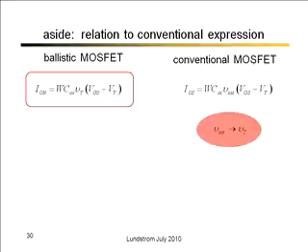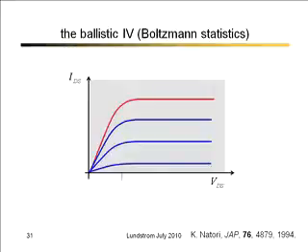People started to notice that it's a little bit too small, and they would go into their simulation programs and boost it up a little bit, but it wasn't clear what they were doing. And the reason we understand now is that the appropriate velocity there is this thermal equilibrium velocity with which we're injecting the electrons into the channel from the source. It's saturating at that velocity.